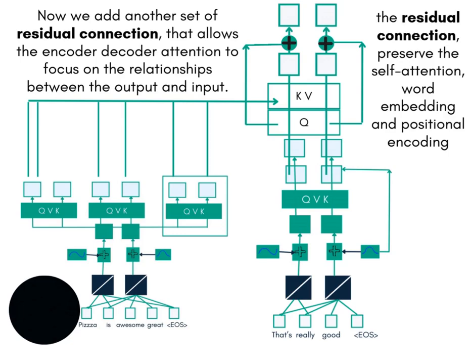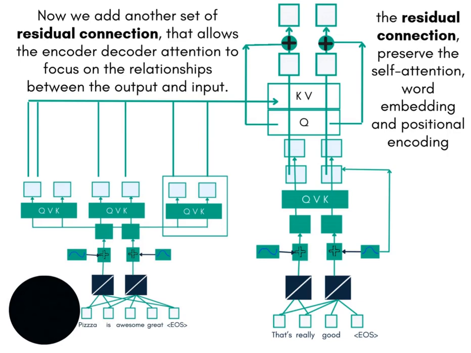We have the query and values coming from your encoder part, and a key is created for each and every word in my decoder part. Bear in mind, all these decoder words are also transformed into numbers based on word embedding and positional embedding. And then we add another residual connection that allows the encoder-decoder attention to focus on the relationships between the output and input. So this is the residual connection.